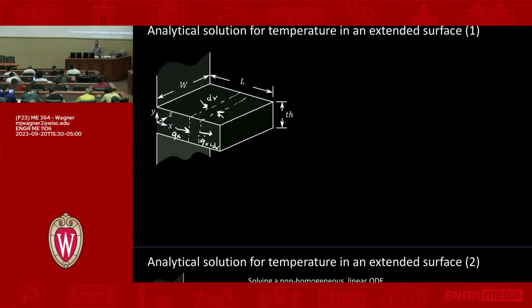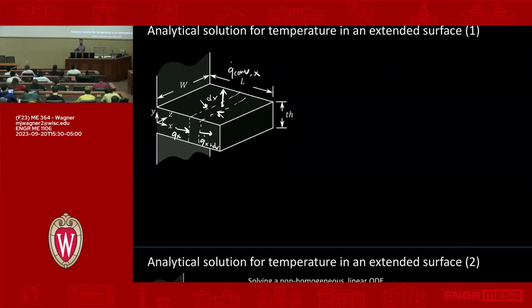We have something else going on, right? You have convection going on from the surface. So from this control volume, we have q dot convection. That q dot convection is at x, right? And because the temperature is changing as a function of x, q dot convection is changing as a function of x as well.